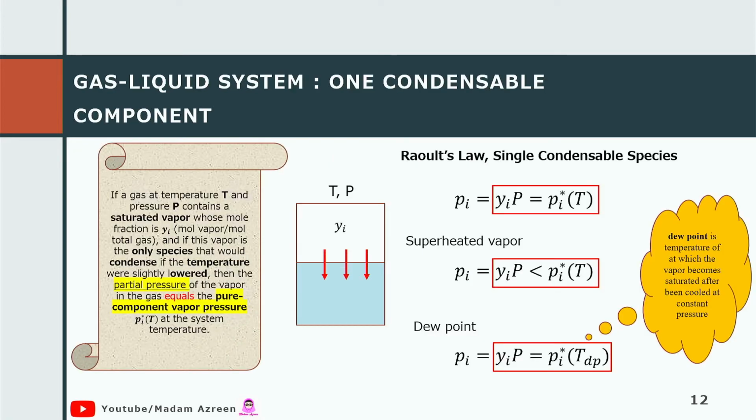The next thing is we're talking about the law. What is the law that represents that situation? It is called Raoult's law.